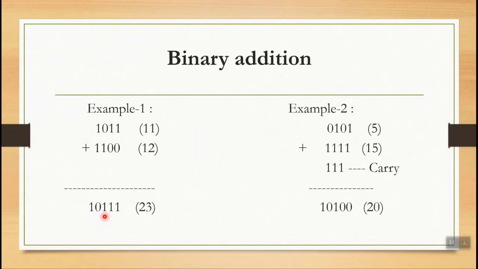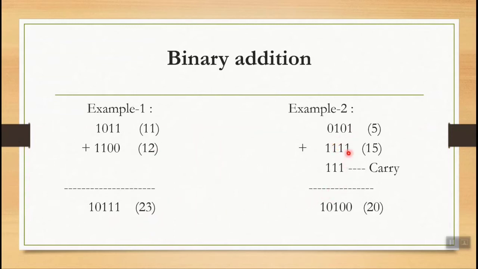Then 2 to the power 2 means 4. 16 plus 4 is 20. 2 to the power 1 is 2, so 22. And this is 1, 23. So this result is right. Nice. This is okay. This is another example.